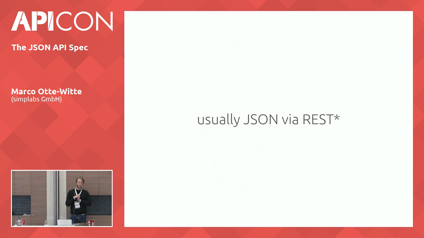I guess things like SOAP, etc., are probably mostly dead by now. Is anybody using SOAP here? Okay, just two, but you're probably in the process of switching. Obviously, there's one exception. You might be using GraphQL now, and we'll get back to that later. But I guess most of us probably still use some sort of REST.